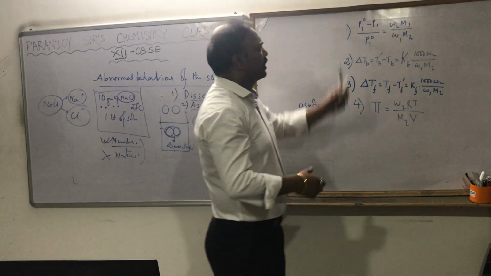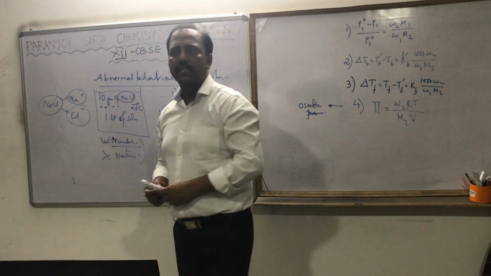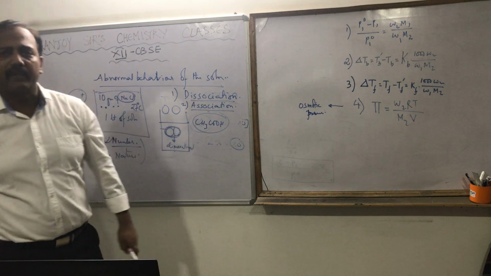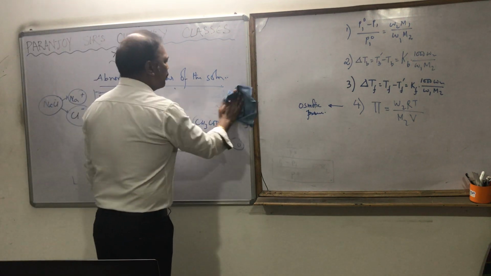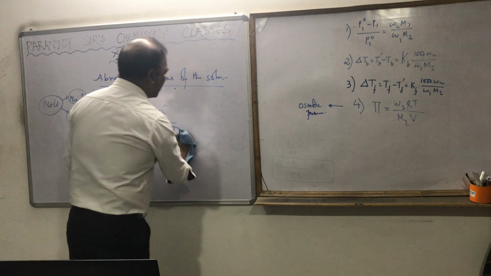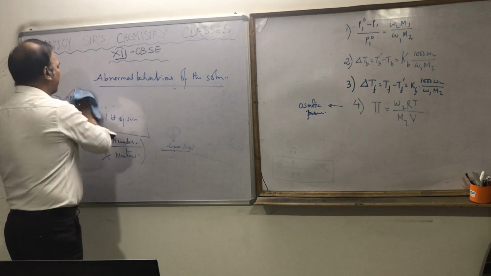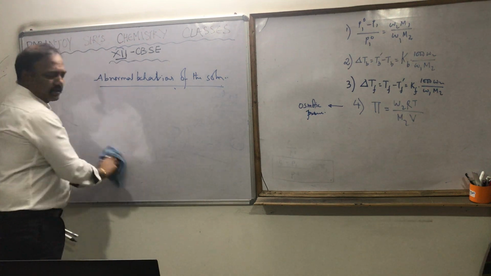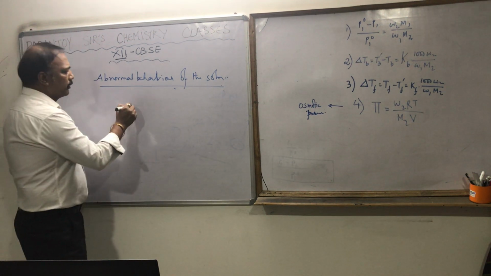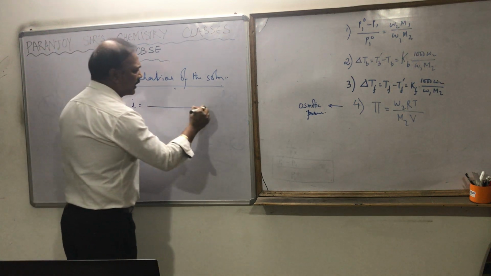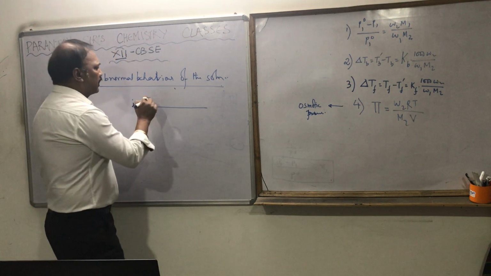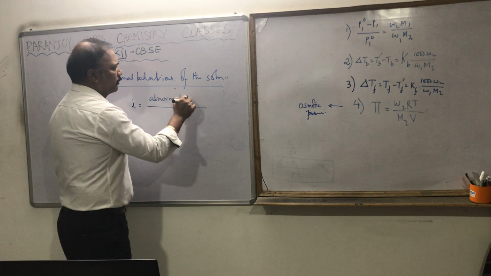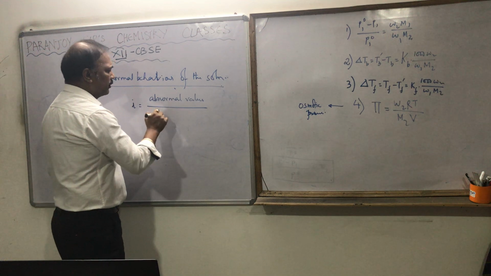All these equations we had used needed rectification, and this rectification was done by Van 't Hoff, who introduced a term called the Van 't Hoff factor, denoted by i. So i, the Van 't Hoff factor, is nothing but the abnormal value divided by the normal value.